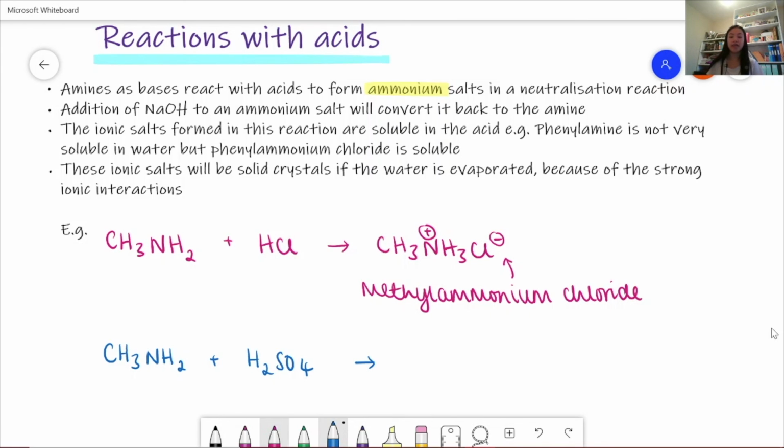What this means is that for every sulfuric acid we have to have 2 of these methylamines, because we can only provide one CH3NH3 plus ion for every methylamine we have. And so what we form is CH3NH3 plus, and we have two of these, and then we have the SO4 2 minus. And now the charges will balance out. So this is methyl ammonium sulfate.